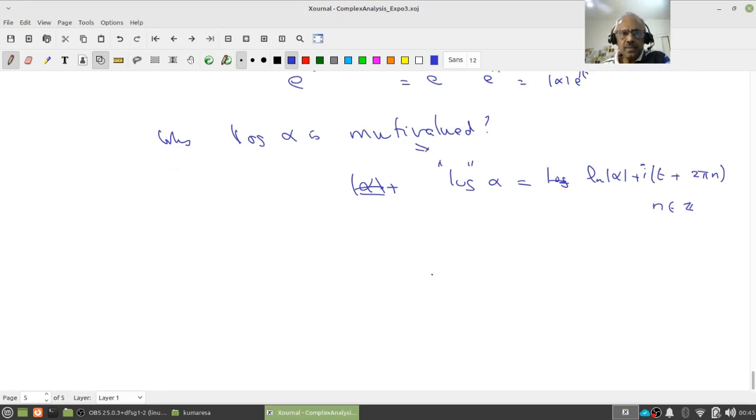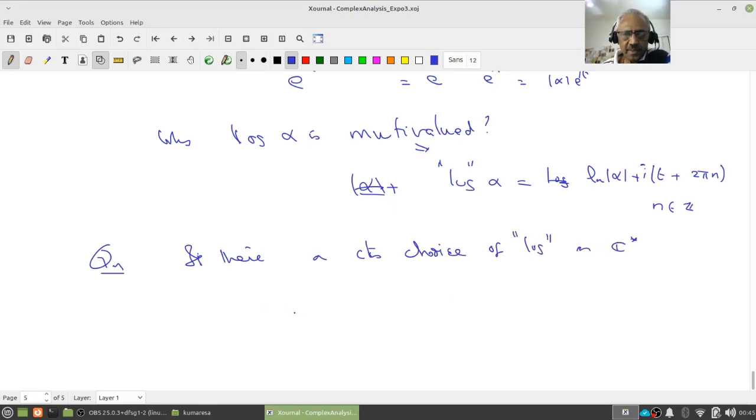Now again, as I said, what I want is a unique way of doing this. So what is the natural question I should ask? Is there a continuous choice of log on C star?